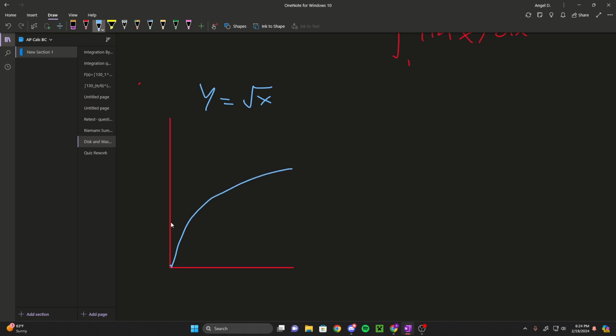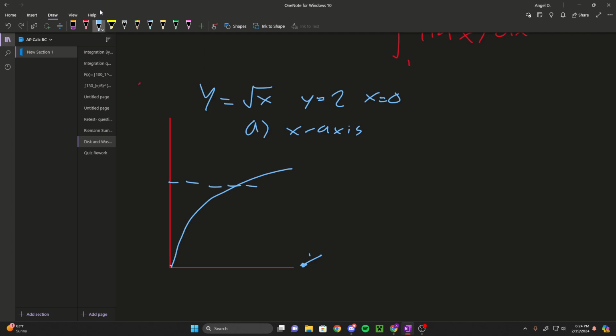And we're bounded by y equals 2, x equals 0, and that's it. The first part of this question asks us to find the volume if the axis of revolution is the x-axis, so we're going to be revolving it around the x-axis. Now, this is a washer problem, and I'll explain a little further.